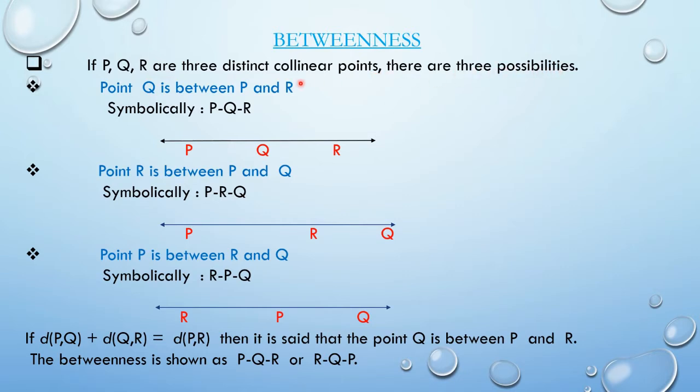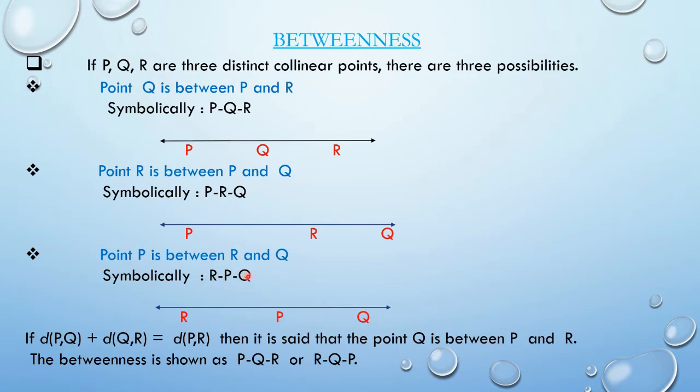The first one, point Q is between P and R. Second, point R is between P and Q. And third, point P is between R and Q. For the first one, the point Q is between P and R, then the betweenness is shown as P-Q-R. For the second, point R is between P and Q, that means P-R-Q. And for the third, point P is between R and Q, that means R-P-Q.